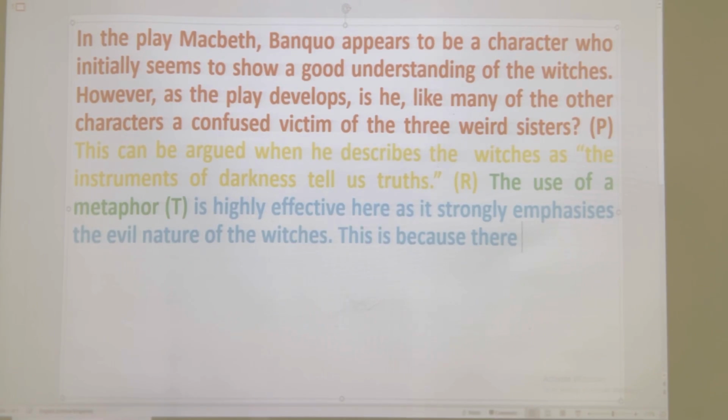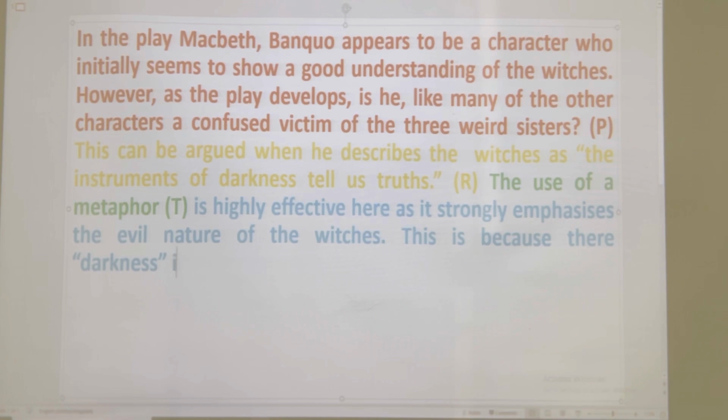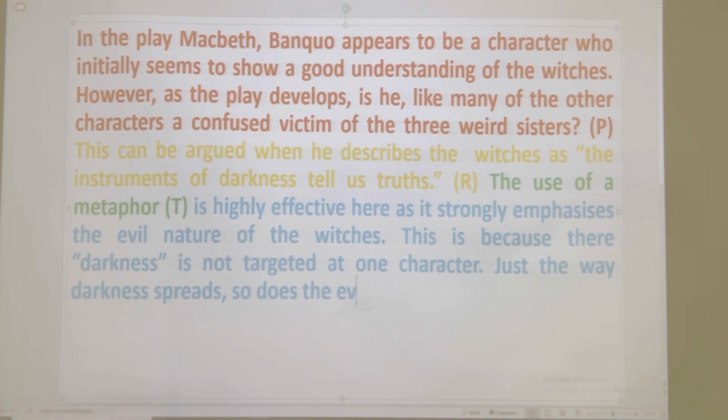Their darkness is not targeted at one character. Just the way darkness spreads, so does the evil of the witches.